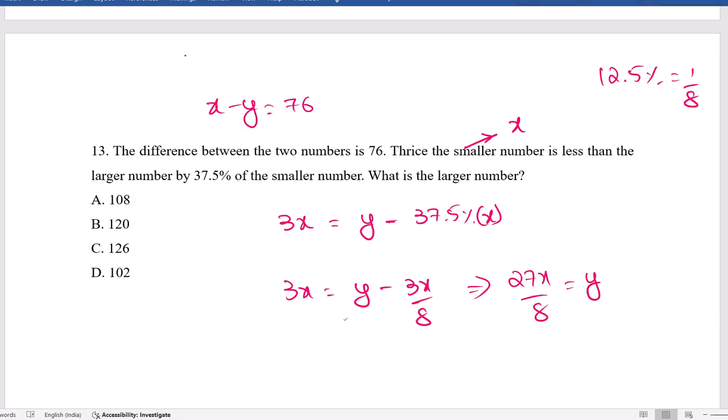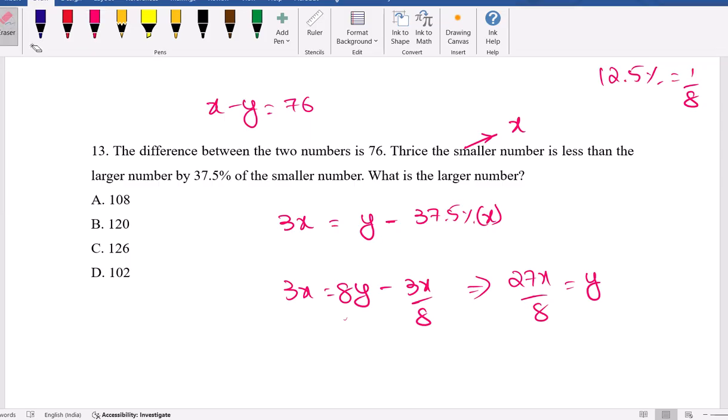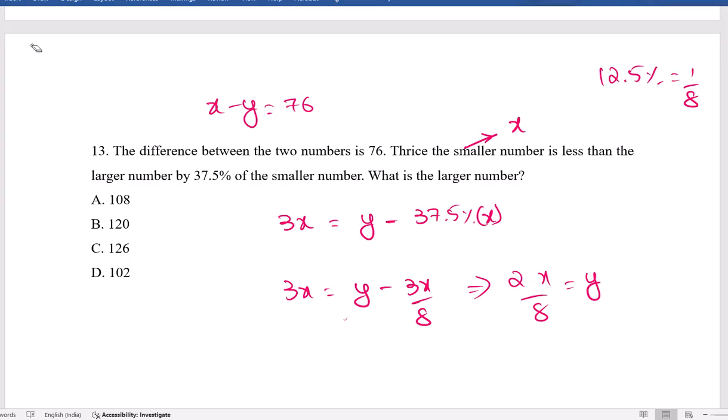You can put that in this equation. This is 8y, right? In fact, fine. 21x, right? 21x.